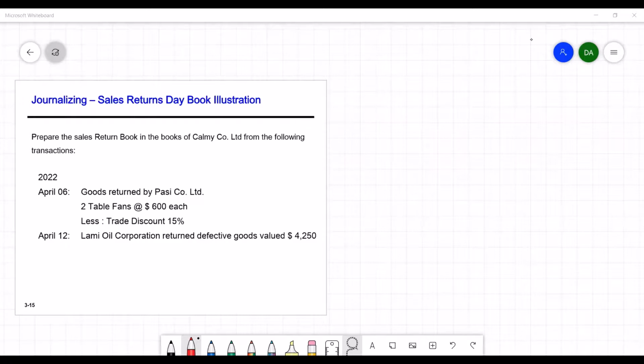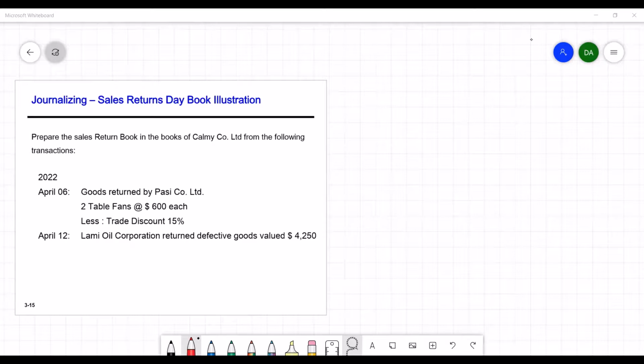On April 6, 2022, goods returned by Percy Company Limited, which include 2 table funds, $600 each, less trade discount of 15%. On 12th April, Lamy Corporation returned defective goods valued at $4,250.